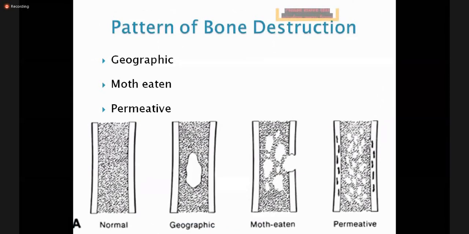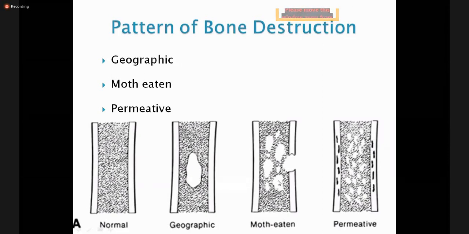Then there is bone destruction. How is it presenting, whether it is geographic, moth-eaten, or permeative. Normally, the medullary cavity is just like this. When there is a large, big lytic lesion, it is a geographic destruction.